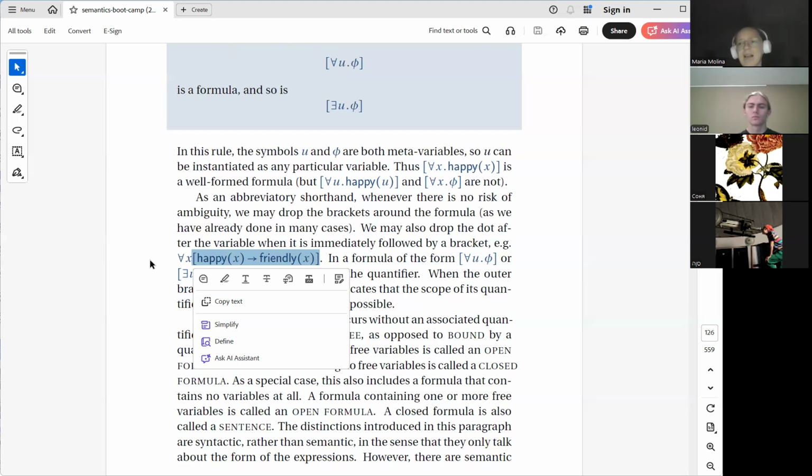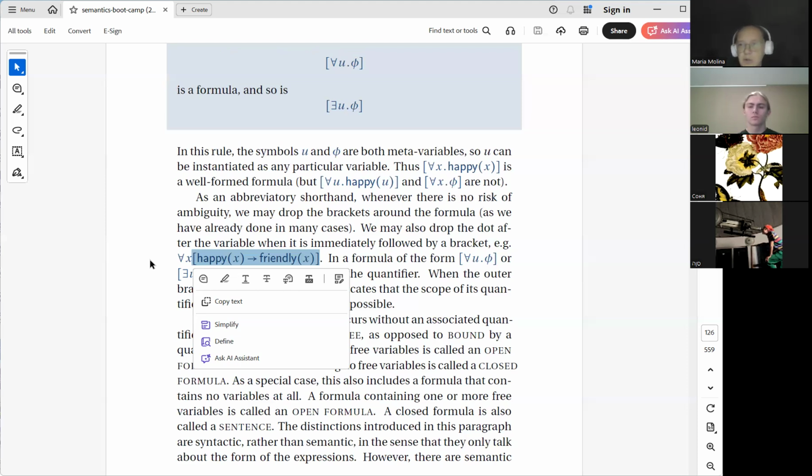Different scopes. I don't like apples: the scope is over the whole sentence. And I like not apples: the scope is over the apples only.